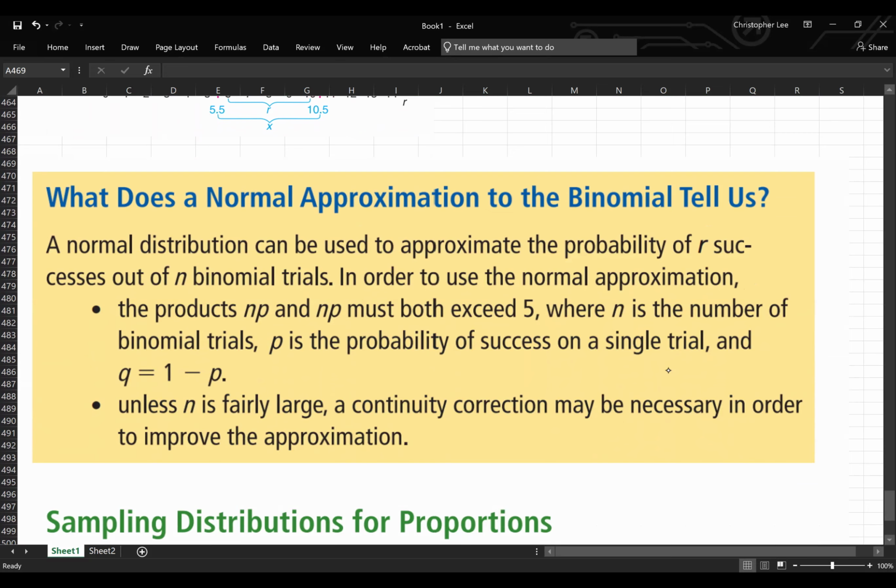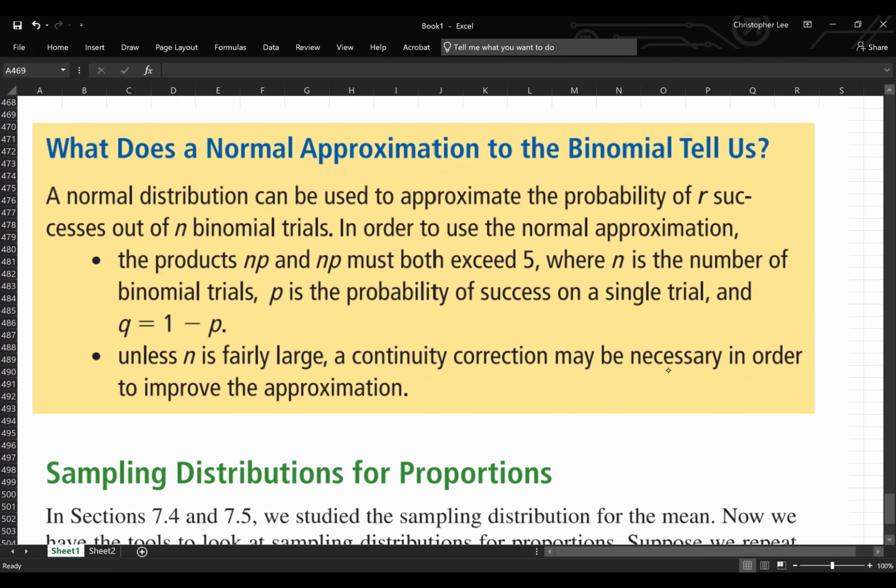In order to use a normal approximation, the products of n times p and n times q must both exceed 5, where n is the number of binomial trials, p is your probability of success on a single trial, and q your probability of failure, which is 1 minus p. Unless n is fairly large, a continuity correction may be necessary in order to improve the approximation. That's it.